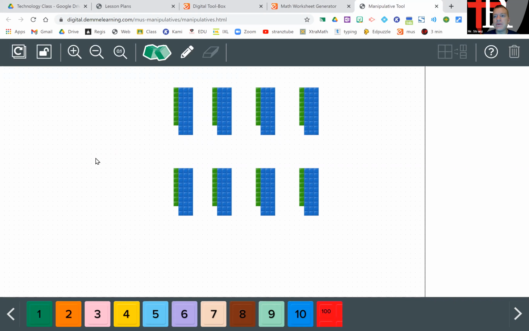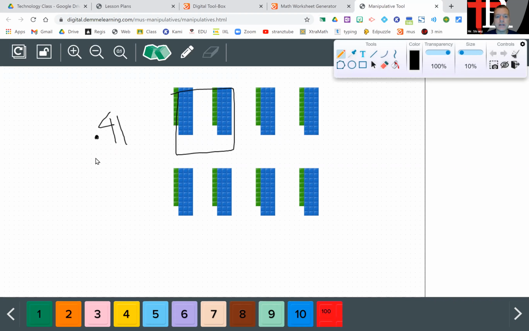And how much does each group have now? So if we look at this, each group, this is a group right here, has what? Okay, so it has 30 tenths, right? So tenth, tenth, tenth, and 1, 2, 3, 4, 5, 6, 7, 8. There's tenths, tenths, tenths, so 30 tenths.